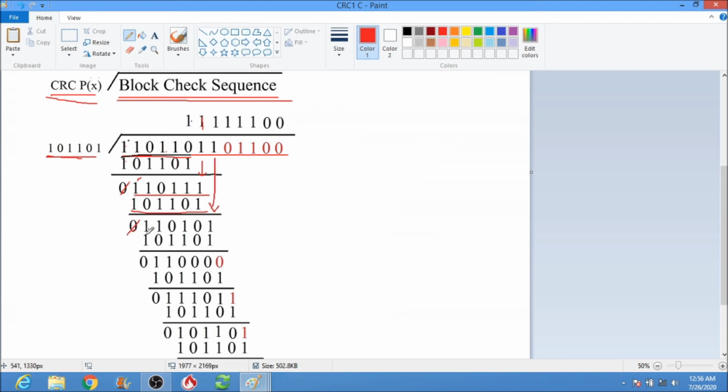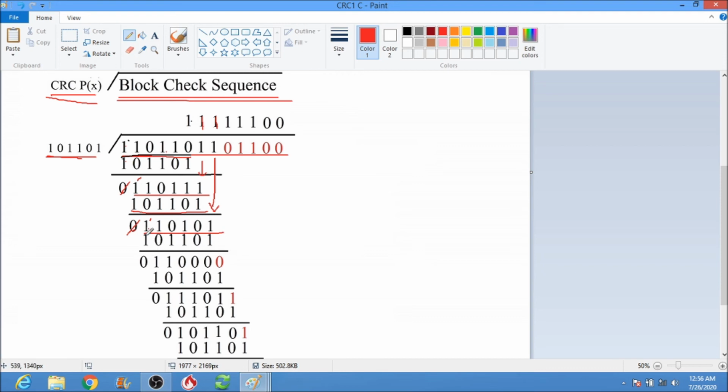So this will be our third dividend. Of course, the most significant bit is 1, so we write the quotient as 1. And if the most significant bit is 0, then of course we write the quotient as 0. So to continue, multiply. So we have this data.